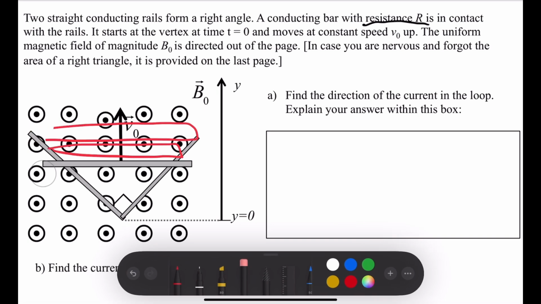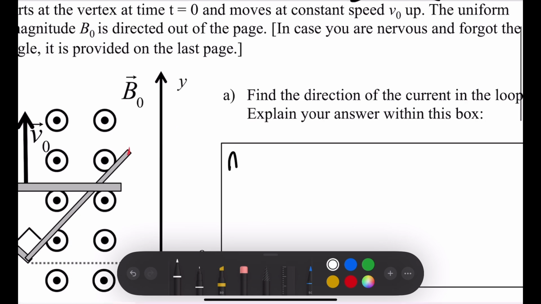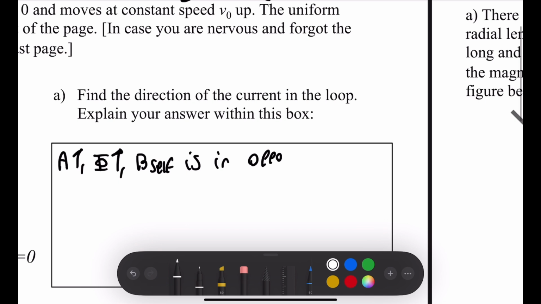Pretty much. So as that's happening, the area enclosed here is increasing, right? So area is increasing. And because the area is increasing, that means that the flux is also increasing. And when that happens, B self is in the opposite direction of the B field.